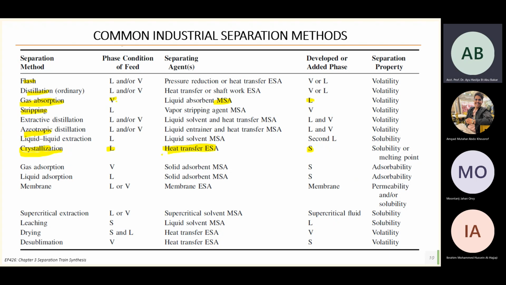Crystallization process, for example, spray dryer, freeze dryer. So from liquid, let's say spray dryer at high temperature, high volume, high pressure, liquid spray, then solid comes out.